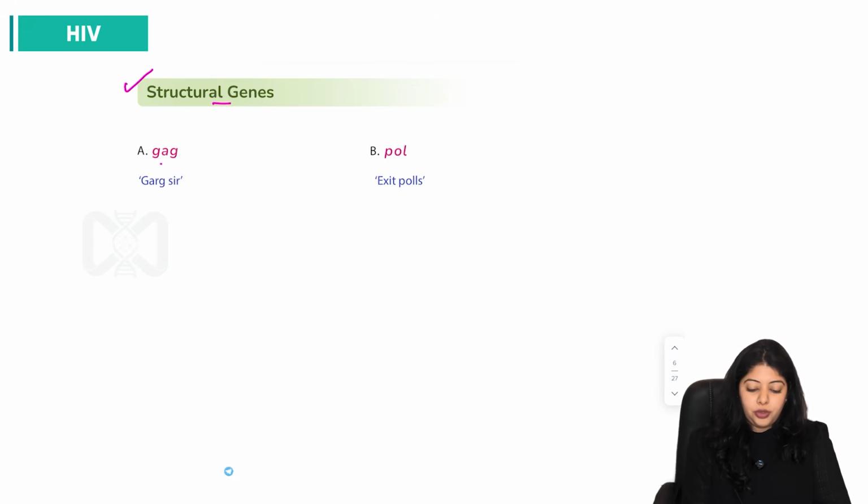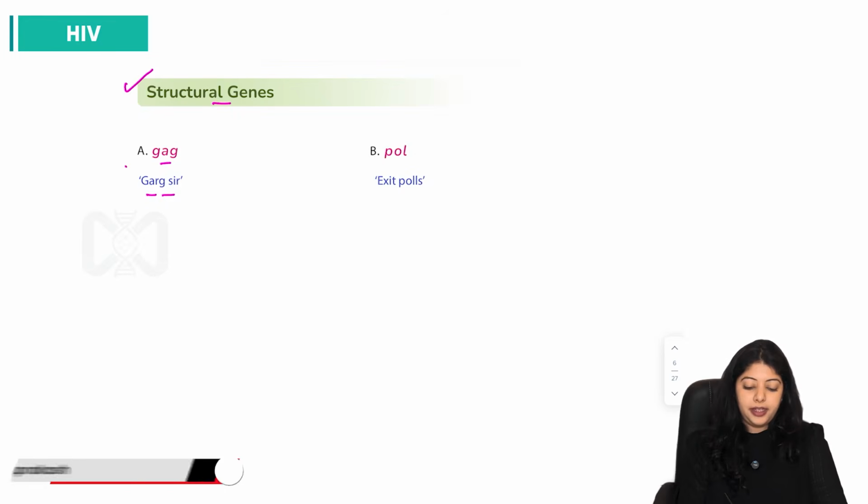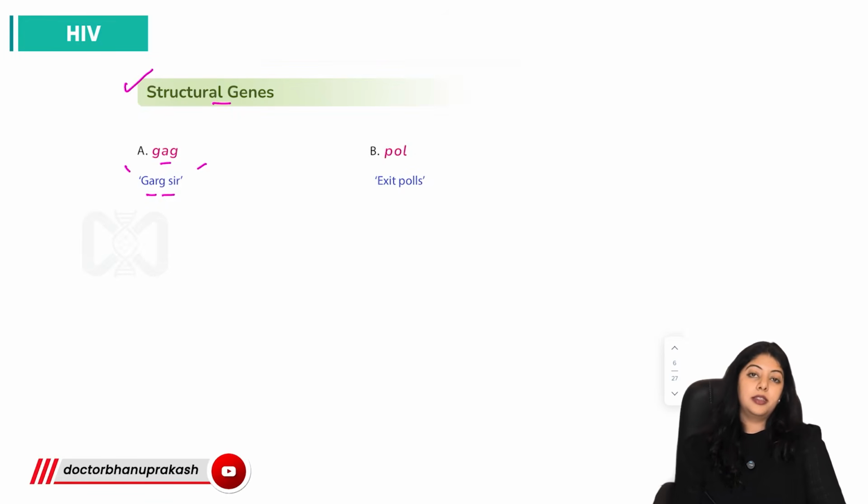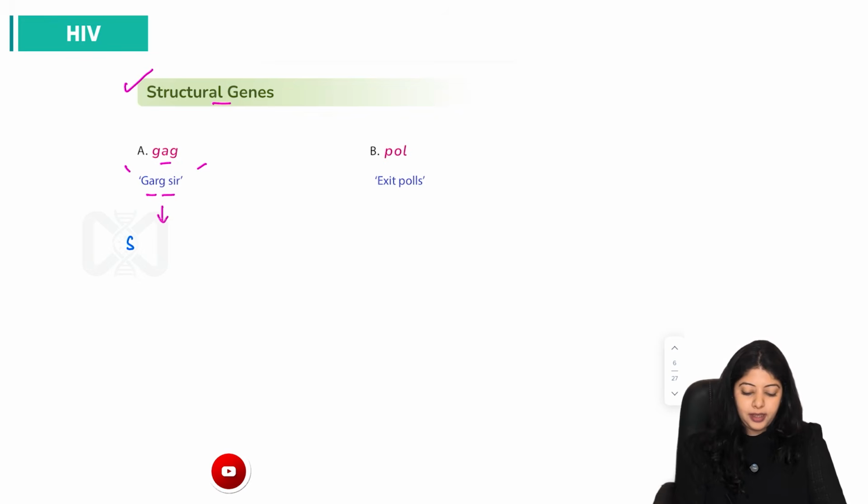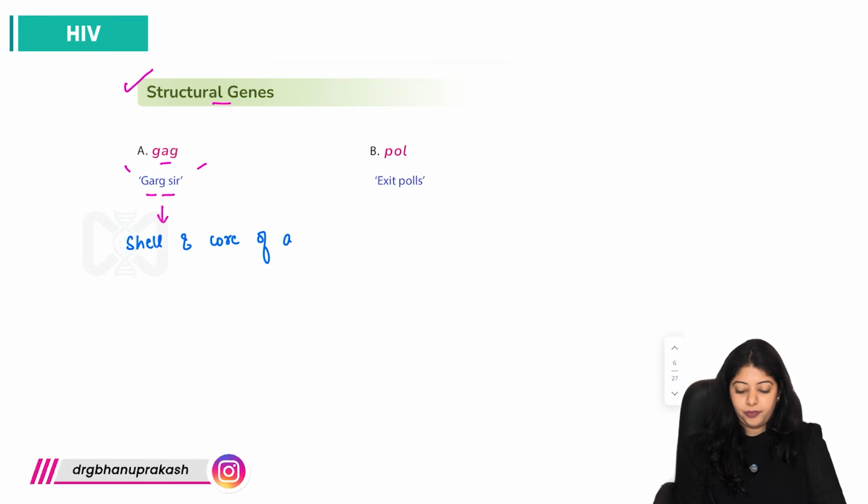So let's first talk about GAG. WWE, we are again referring to the same WWE, but now we'll be talking about our famous WWE. He is the shell and core of an institute, right?